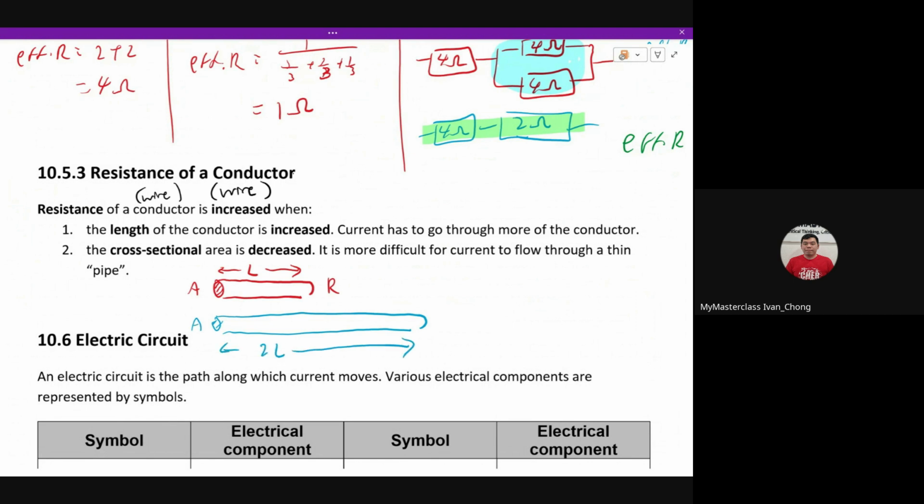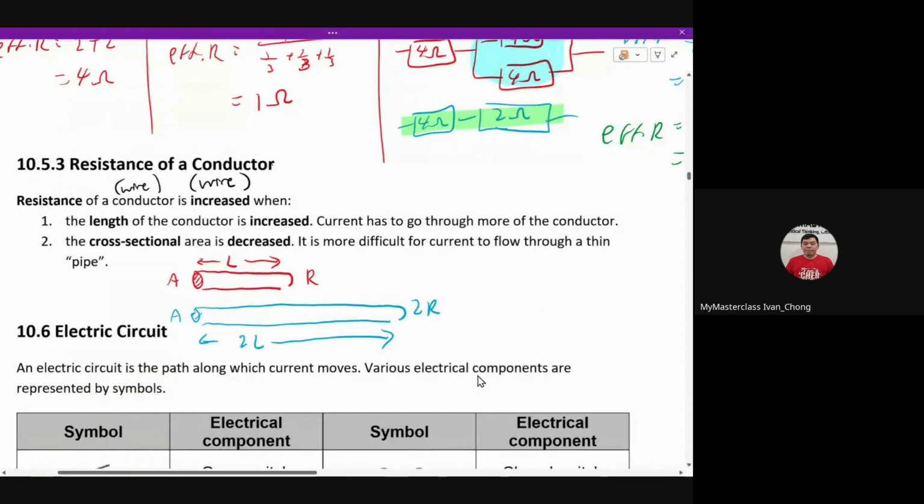What happens to resistance? So just remember, resistance is the obstacle that's blocking my current from flowing, right? So if I have 2 times the length, I will actually end up with 2 times the resistance. Because why? Because I will need to travel an additional distance.